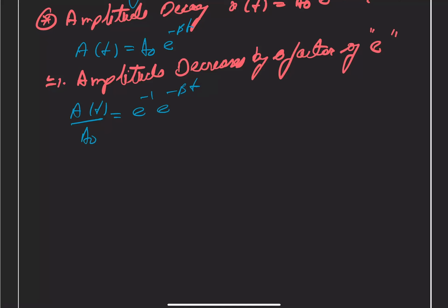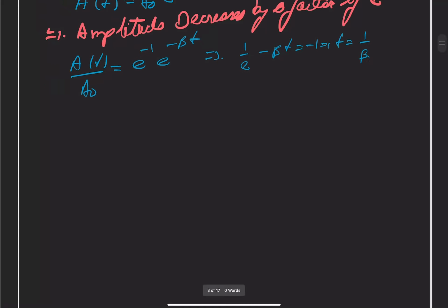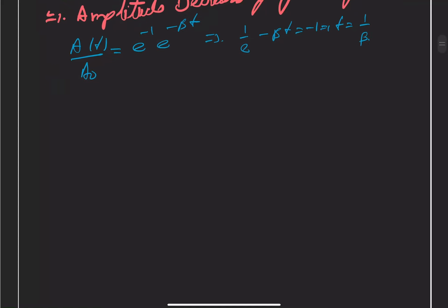So we can just reformulate it as e to the minus beta t will be equal to e to the minus 1, and this gives us our t is equal to 1 upon beta, and because value of beta we already know is 0.0001, this gives us t as 10,000 seconds.